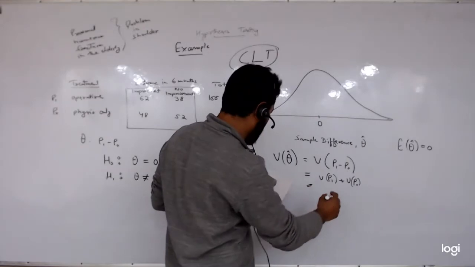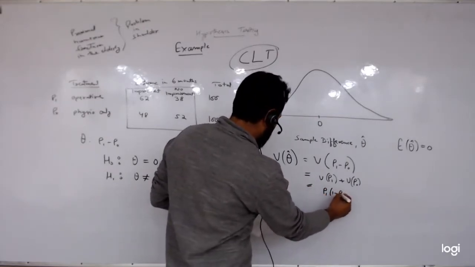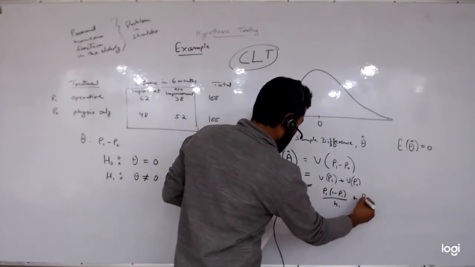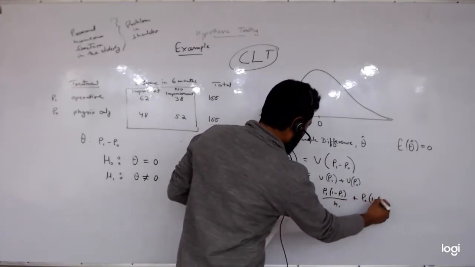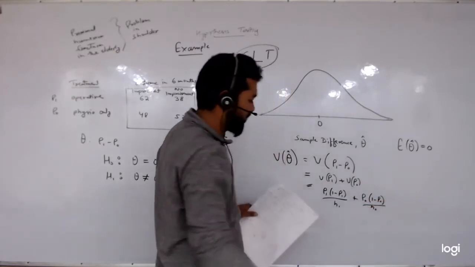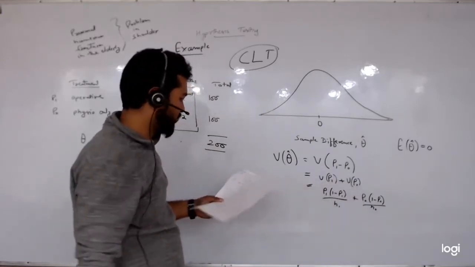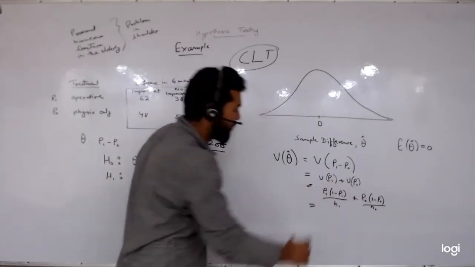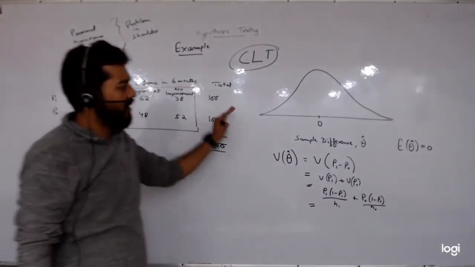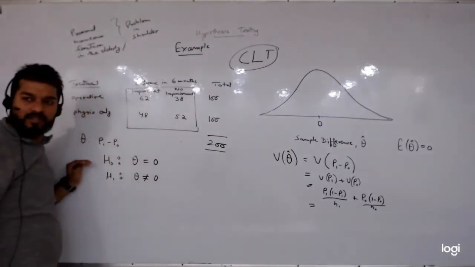The variance of the proportion is P1 (1 minus P1) by the sample size plus P0 (1 minus P0) by the sample size. This is for operative procedures, that is, for physio only procedure. I said that we're going to draw this distribution by assuming that the null hypothesis is true.